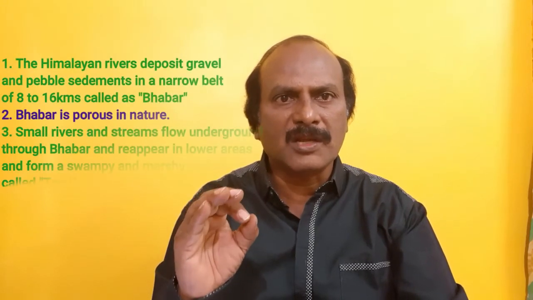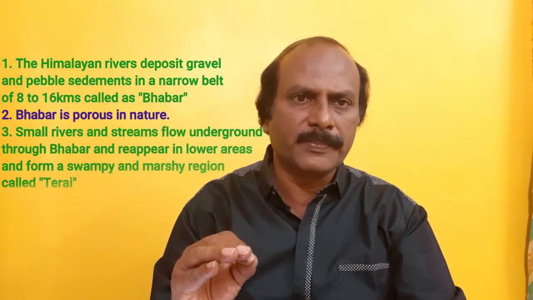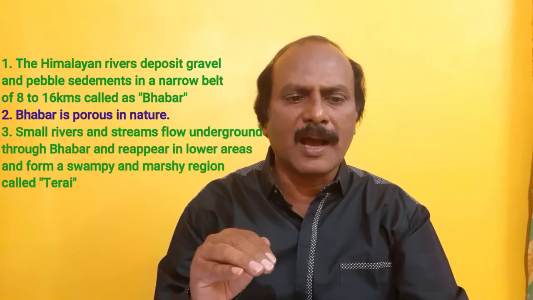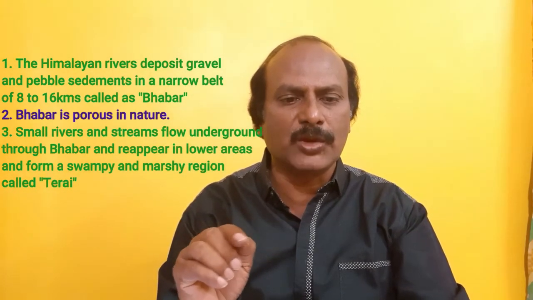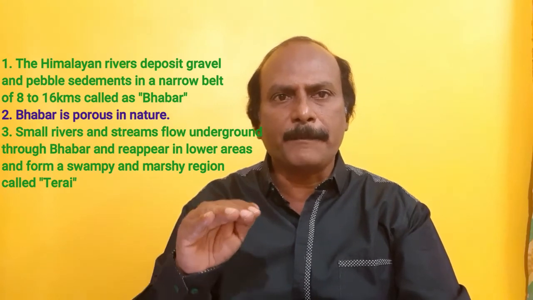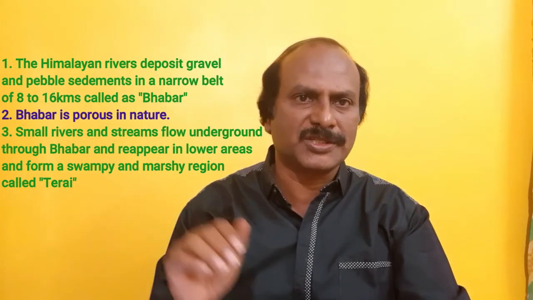The Himalayan rivers in due course brought a lot of gravel and pebbles, and they have formed a belt around 8 to 16 kilometers wide. It is parallel to the Shivaliks.